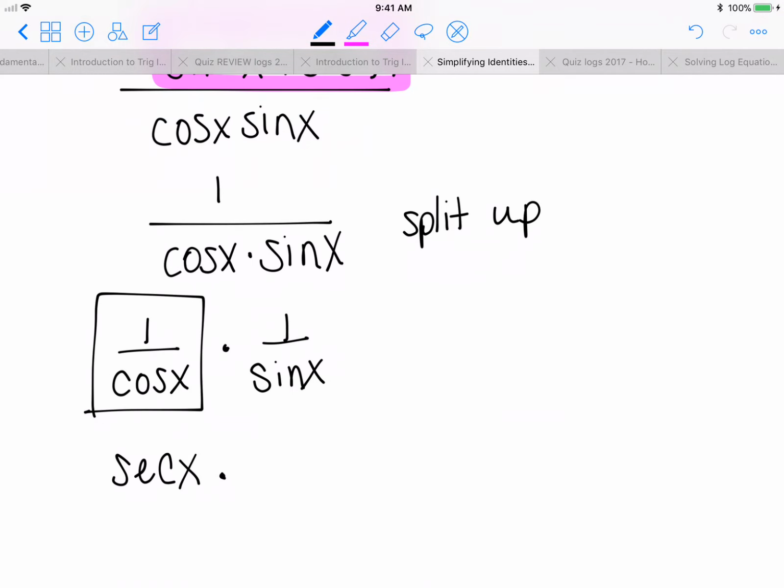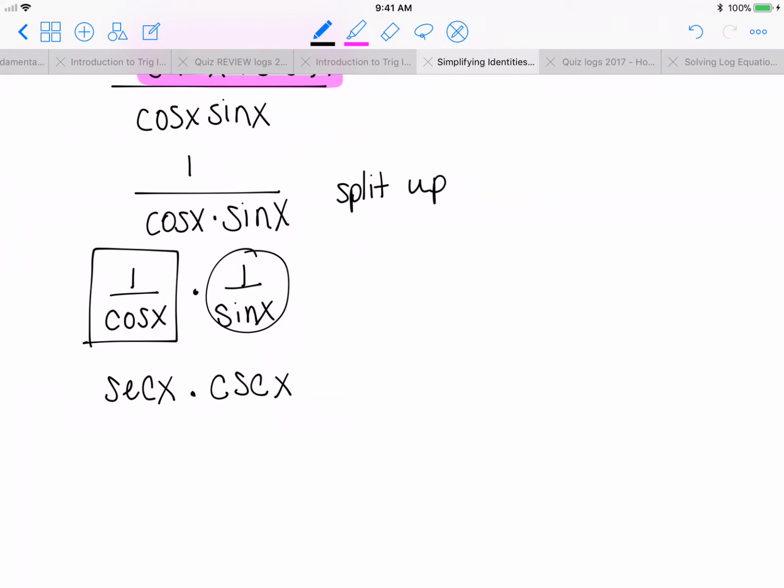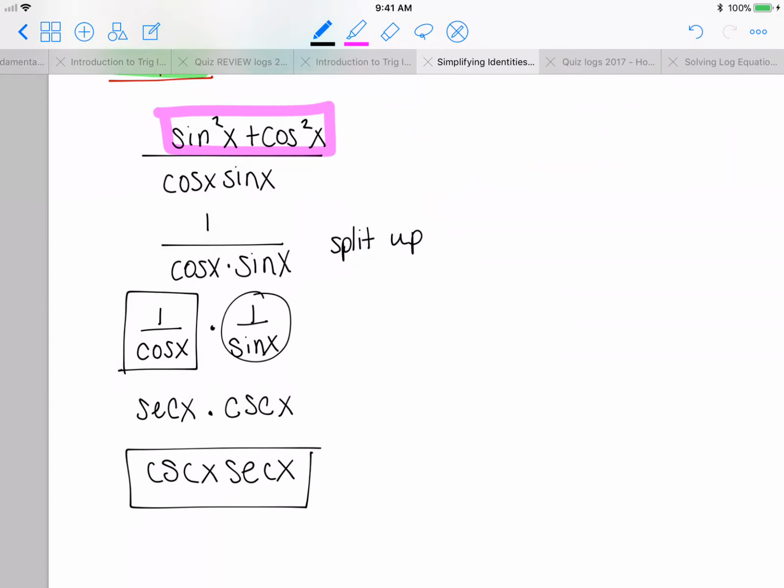And then 1 over sine is going to give us cosecant of x. And therefore, we have what we're looking for. So we can rewrite this as cosecant of x times secant of x. And that's what we were looking for.